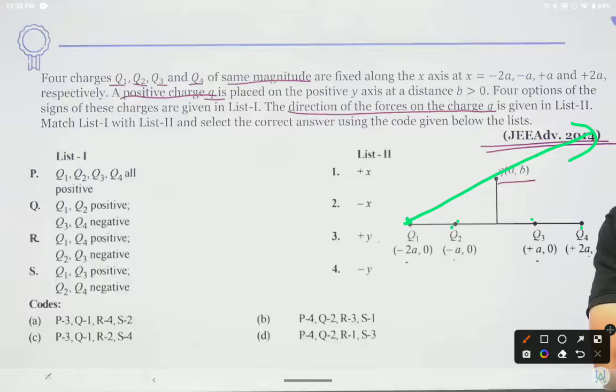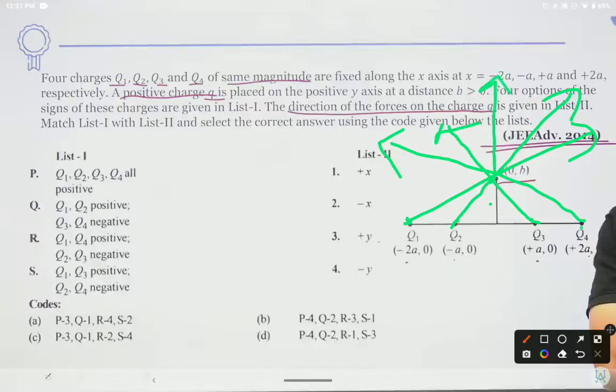Q2 and Q also repel in the same way. All the four charges are of the same magnitude. It was given in the question clearly that Q1, Q2, Q3 are of the same magnitude. So Q3 in this way and Q4 in this way. Due to positive charge repulsions, the force will be in that direction. Finally, the resultant net force will be in this direction.